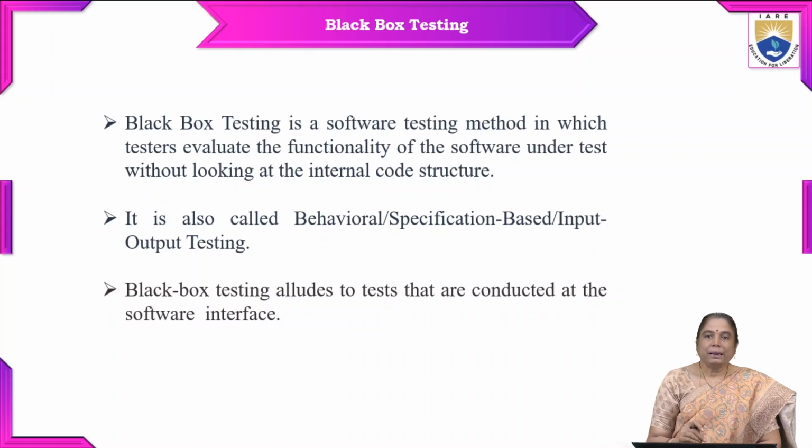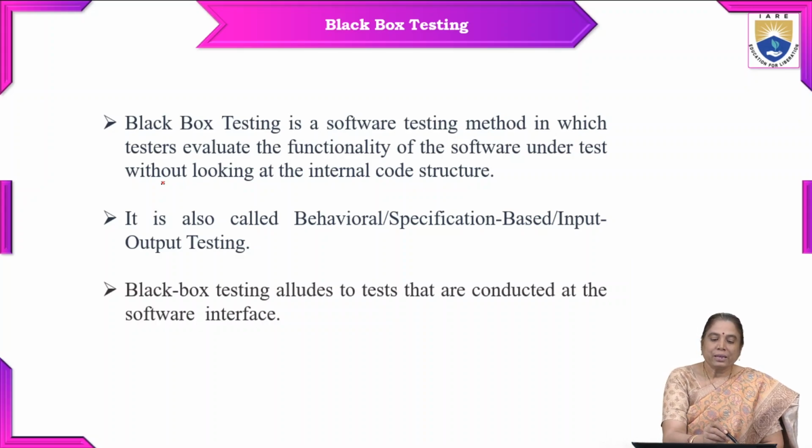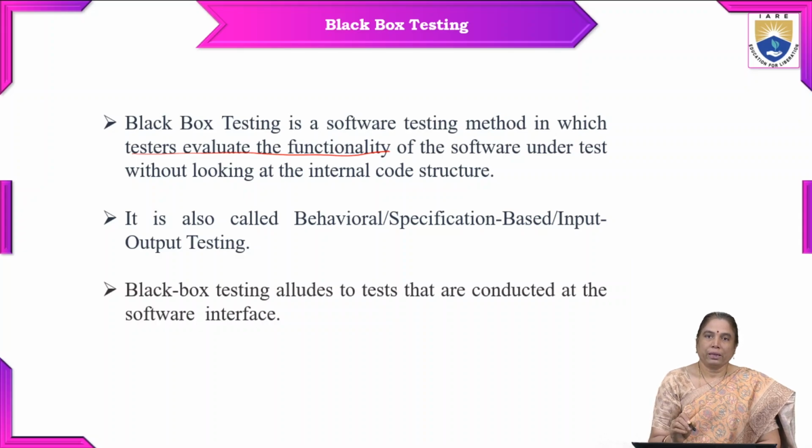The next variant is black box testing. Black box testing is a software testing method in which the tester evaluates the functionality of the software. The major focus in black box testing is to test the functionality of the software. It does not consider the internal code structure.